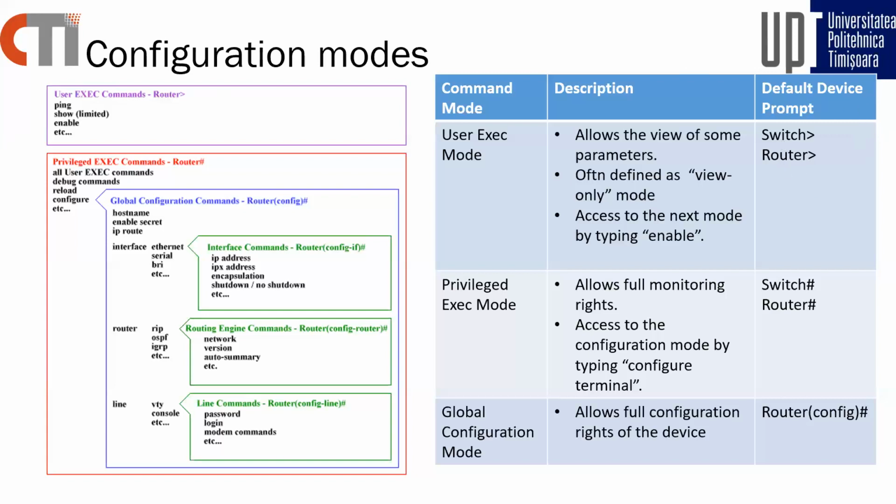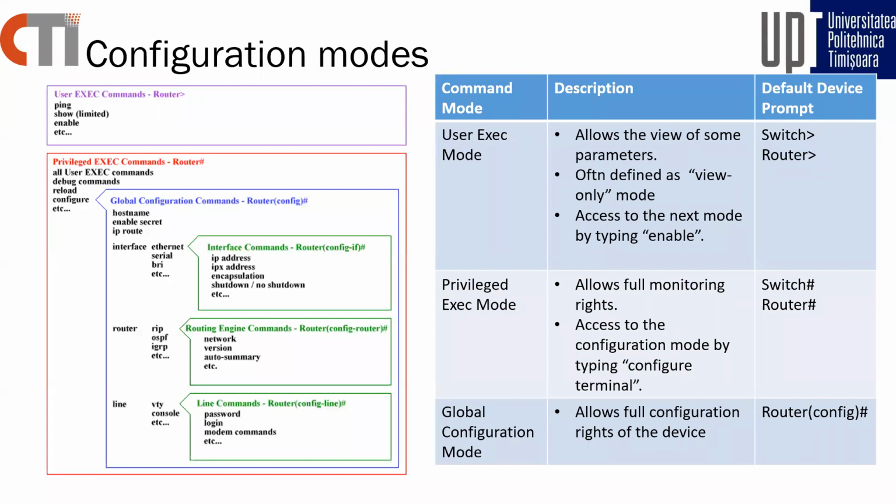Now, moving on, to have the right to view every parameter whatsoever, we need to be in the privileged mode, the privileged executive mode. Of course, going through different modes is password protected, but that's not something that we're going to talk about today either.